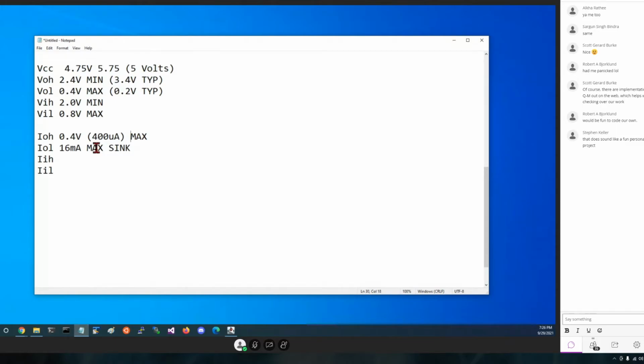Instead of minuses and pluses, we'll use this. This is a source for now. That's just a reminder to me. So what this says is when the output is low, this can take 16 milliamps of current. Do you notice that's not enough to drive our LED? Now, we could get an LED that was low enough current, but in general, that's not good enough.